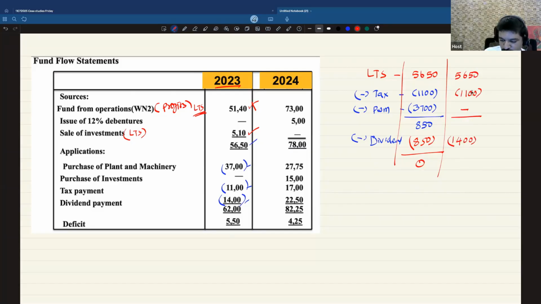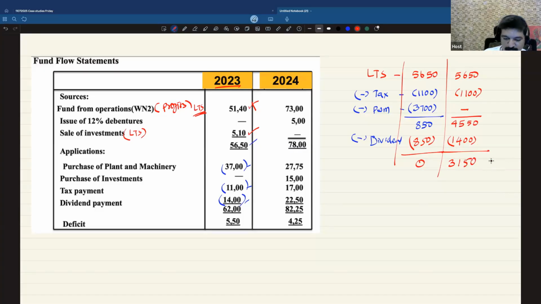After paying tax of 1,100 out of 5,650, they would have had 4,550, right? 5,650 minus 1,100, they would have had 4,550. From that, let them pay dividend of 1,400. They would have landed in surplus of 3,150.